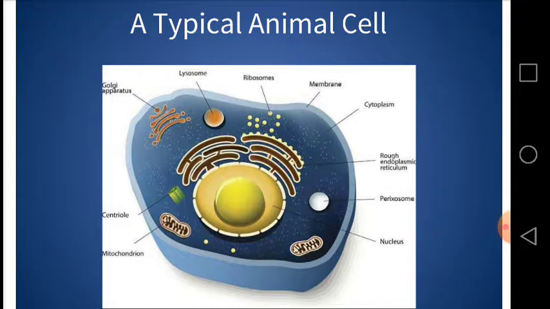Dear students, the cell is the smallest living unit, showing all characteristics of life and performing all the vital functions, means all the functions which a living thing requires, all are done by a cell.